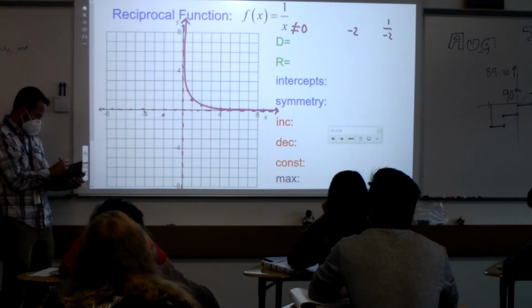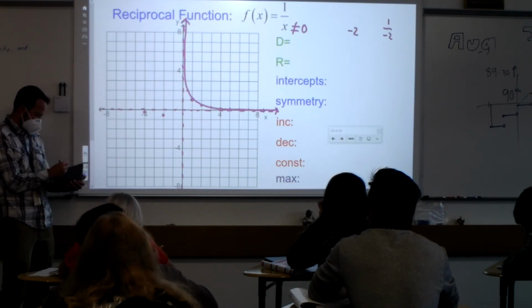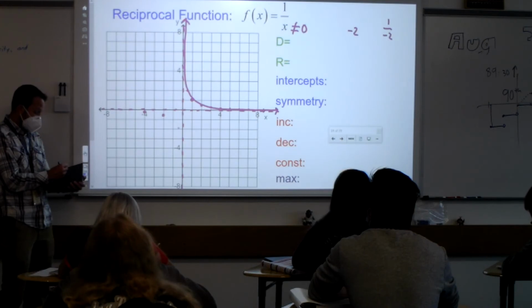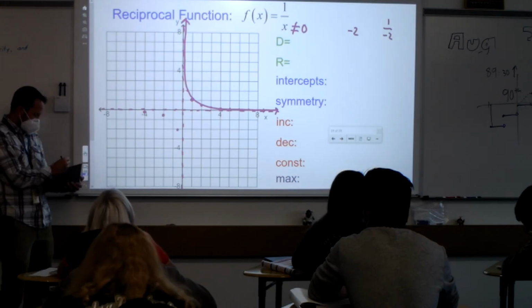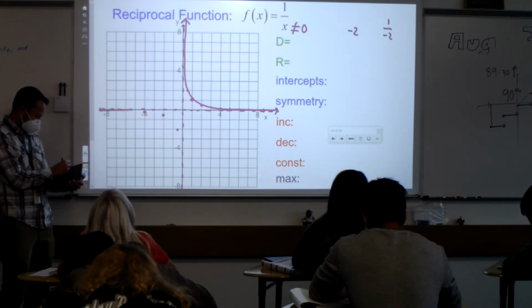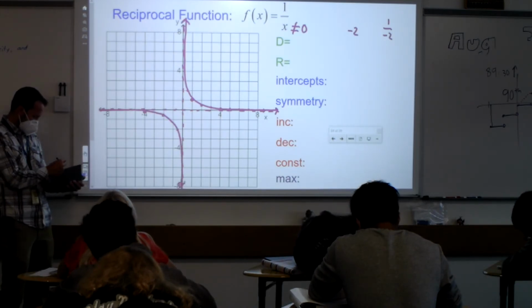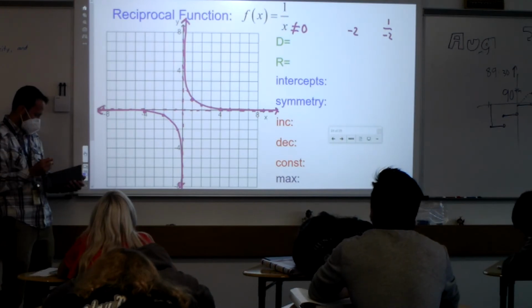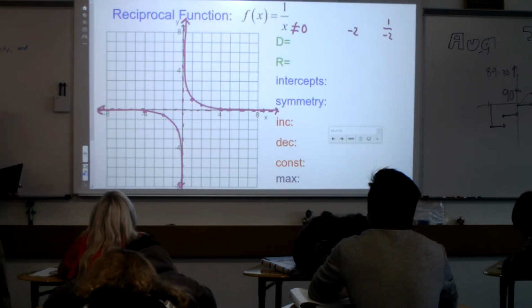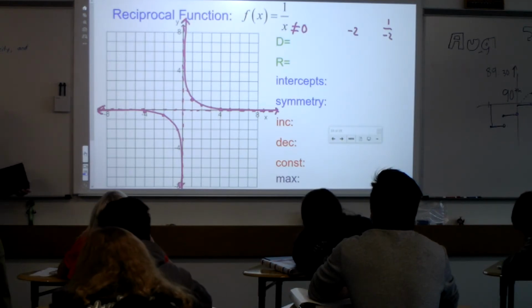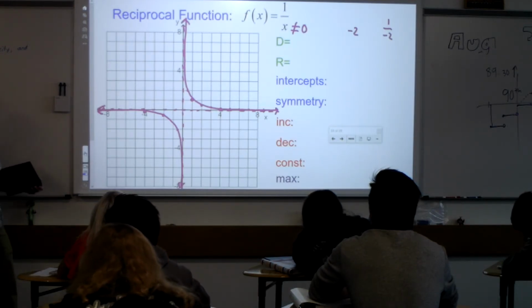Negative 1/4. What's the reciprocal of negative 1/2? Negative 2, right? So what's going to happen here, guys, is I'm going to get that same shape as what we got on the other side, but it's going to be like that. This is what I call the ninja star. Because can you see with the asymptotes, it kind of looks like a ninja star. It's not that, but whatever.